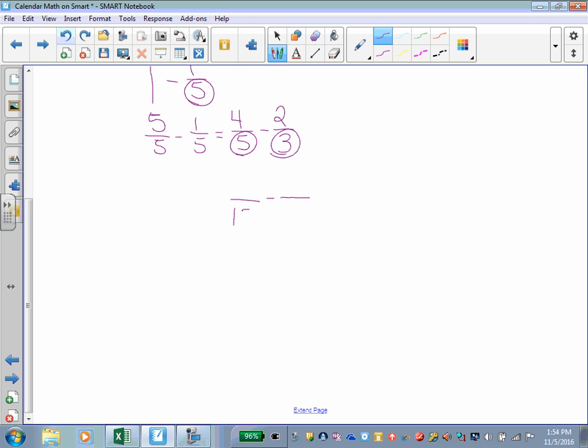So 5 times 3 will give you 15. 5 times 2 is 10. 3 times 4 is 12. And so now when you subtract, you have 12/15 minus 10/15 equals 2/15, and that's going to be the amount that Summer weeded.